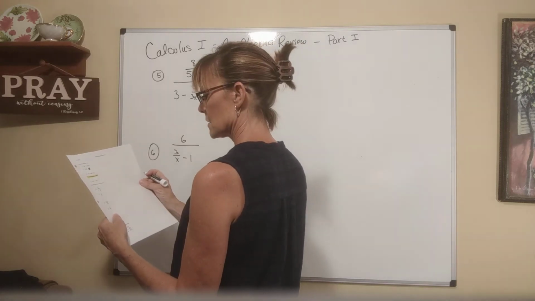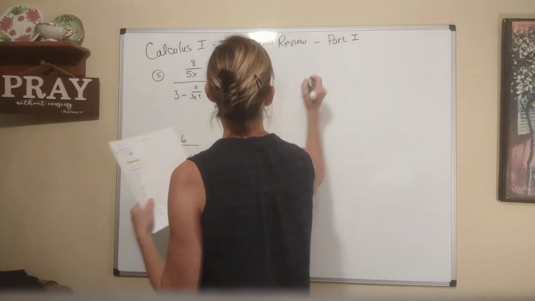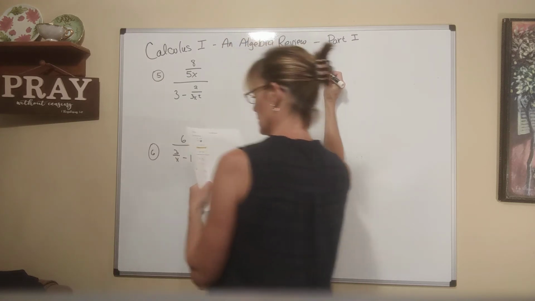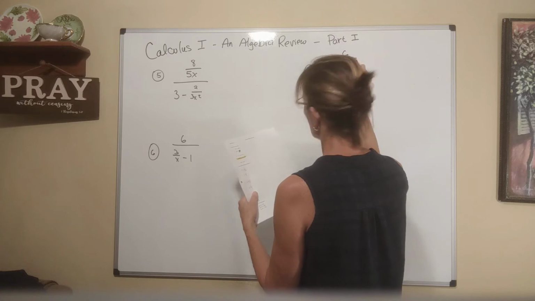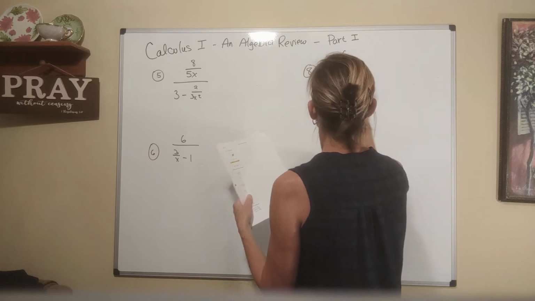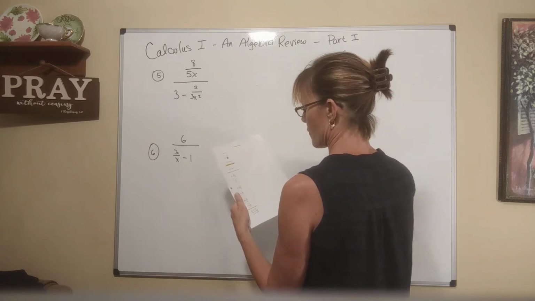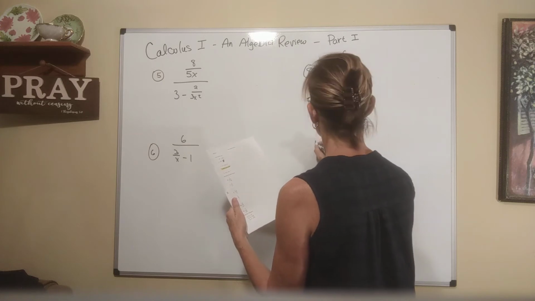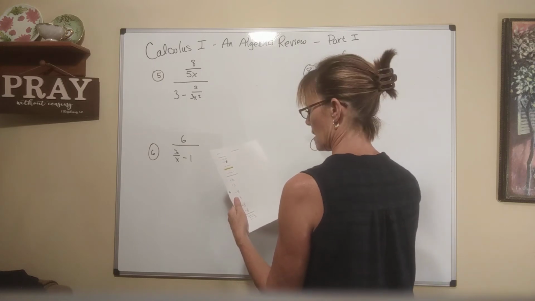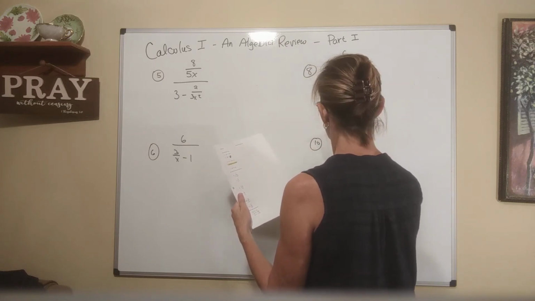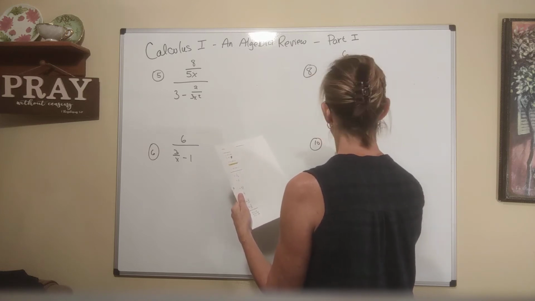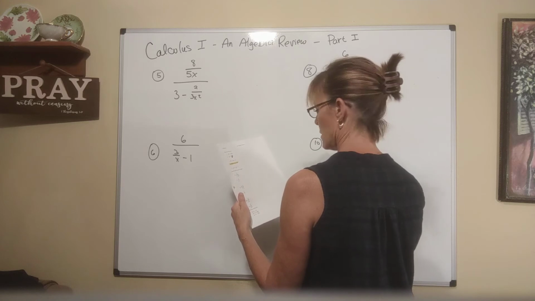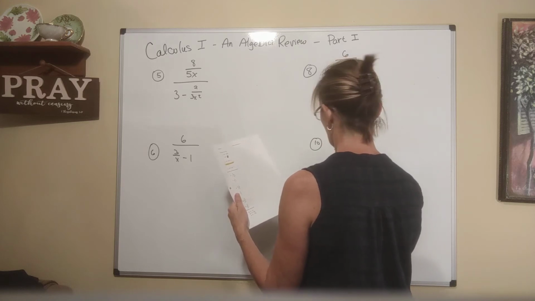Let me do 8, which is 6 over 7x over negative 5 over 4, and I'll do 10. Negative 3c over 4 over 81 over 12c squared.